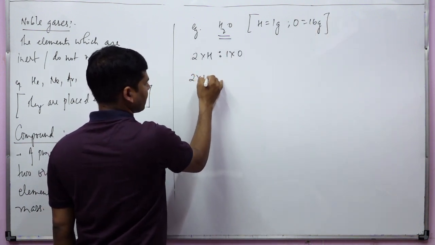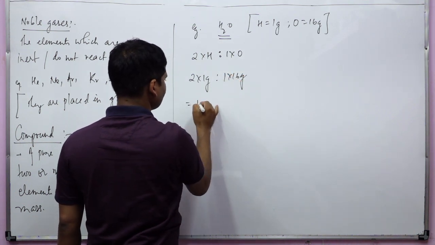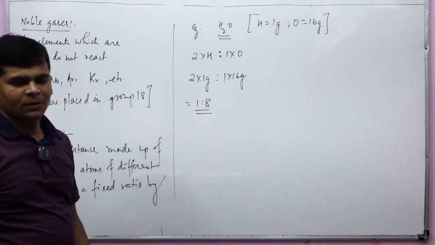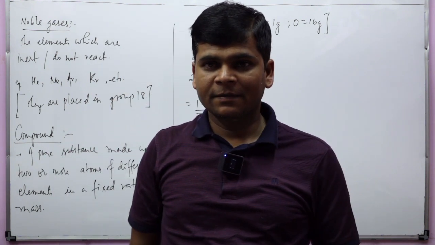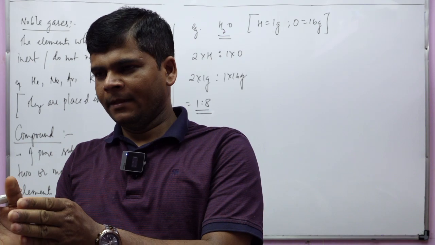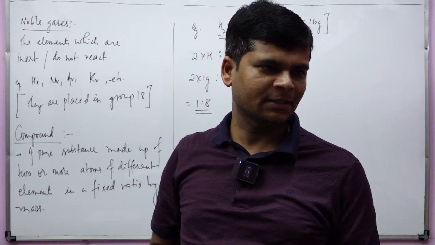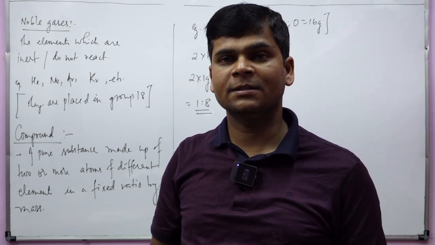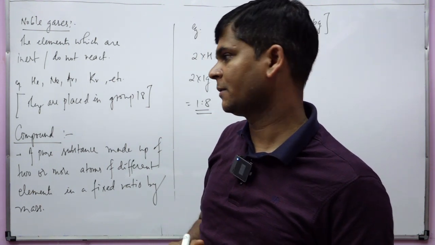So here I can write 1 gram is to 1 into 16 gram, ratio will be 1 is to 8. What does it signify if the definition of a compound says that the ratio is fixed? The ratio is fixed means if the ratio changes, the compound formed will also change.